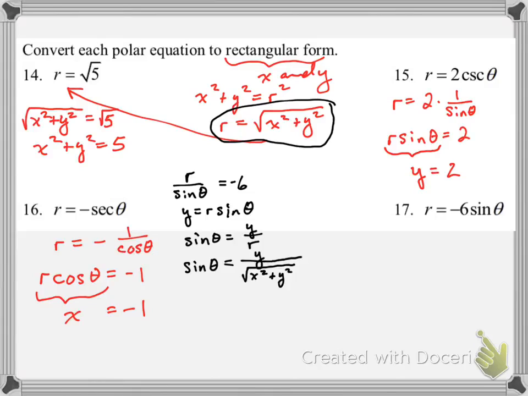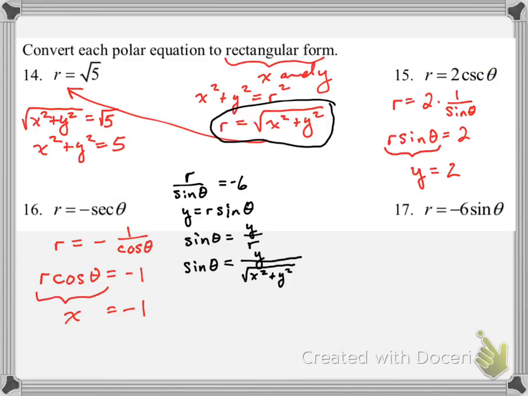And we know that sine of theta is equal to r divided by -6. Let me go back up here to the top.